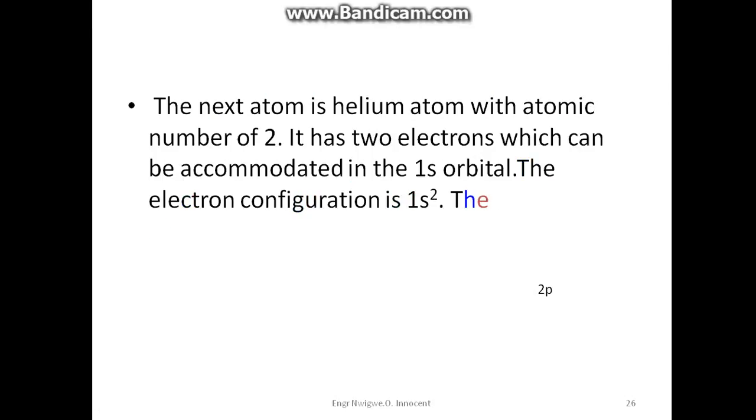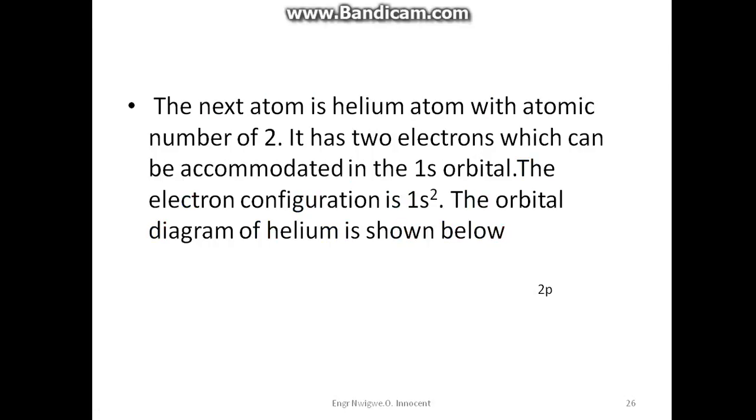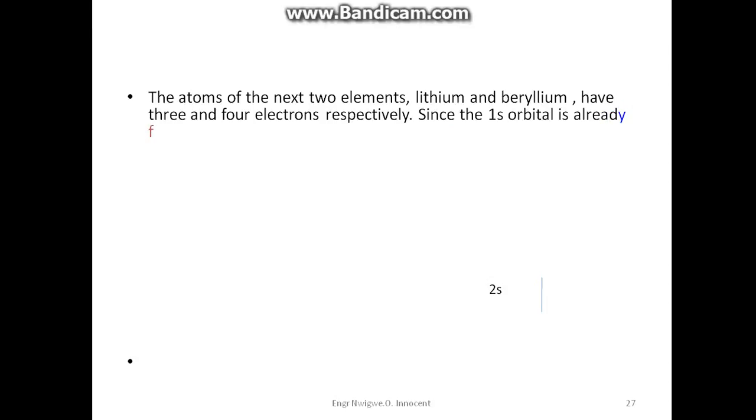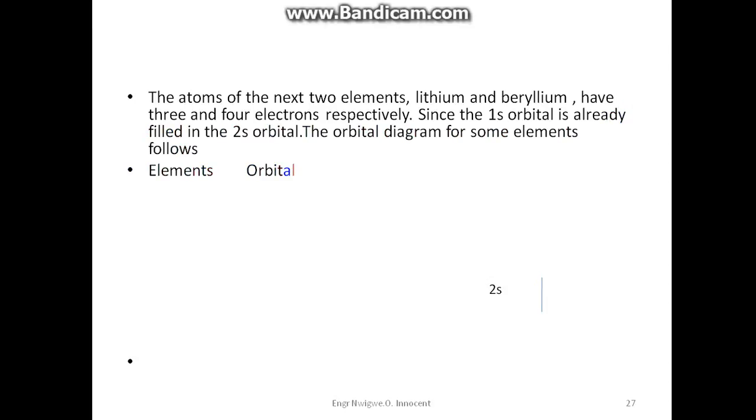The atoms of the next two elements, lithium and beryllium, have 3 and 4 electrons respectively. Since the 1s orbital is already filled, the electrons go into the 2s orbital. The orbital diagram for lithium: orbital electrons 1s2, 2s1.